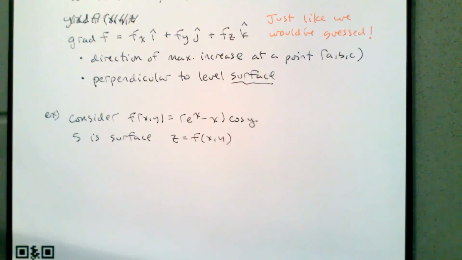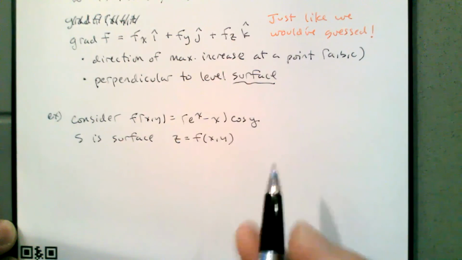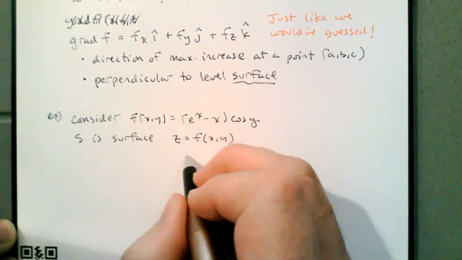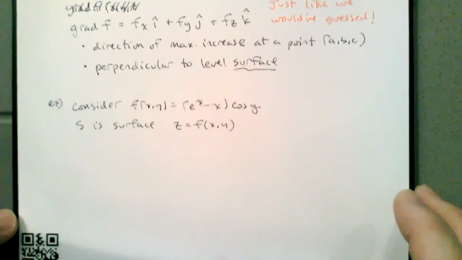So we need to make a function of 3 variables so that we can build a gradient in space. What we're going to do is take z equals f of x, y, and make a function of 3 variables out of it.